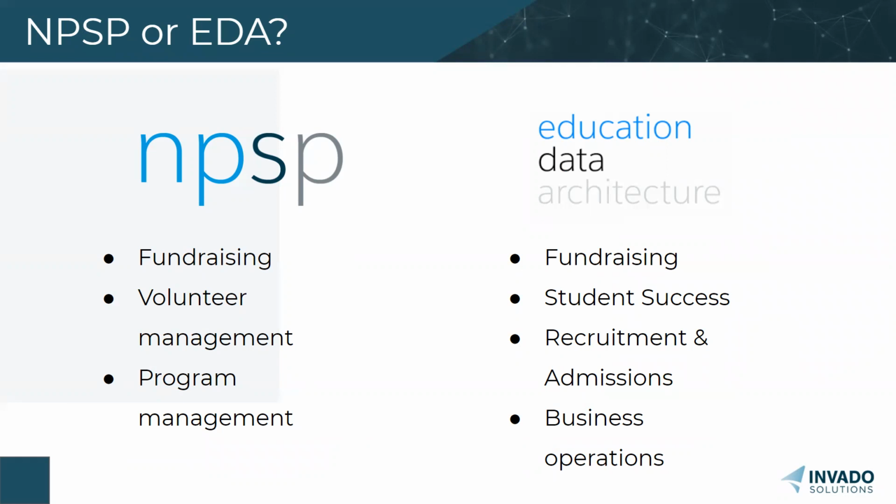If you start off with NPSP and decide a few years down the road that you want to use Salesforce for, let's say, course management, then you'll have to start a new org and migrate all of your NPSP data into EDA, which could be costly. So I hope that provides some insight on the difference between using NPSP and EDA/GEM for advancement.